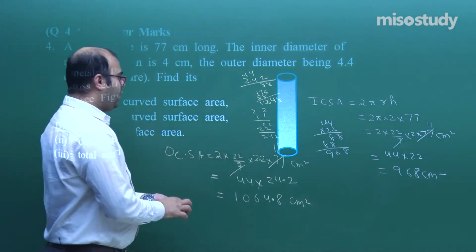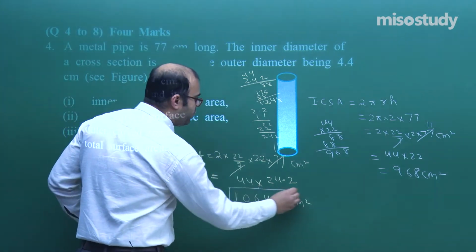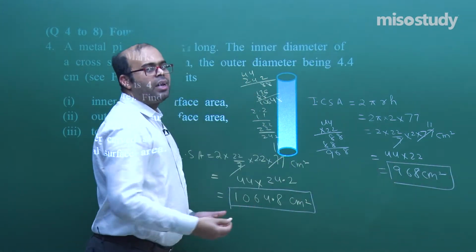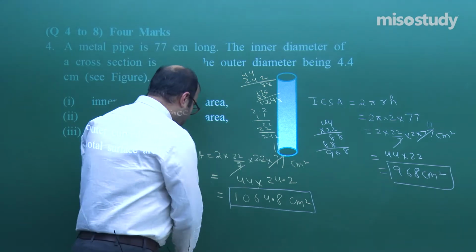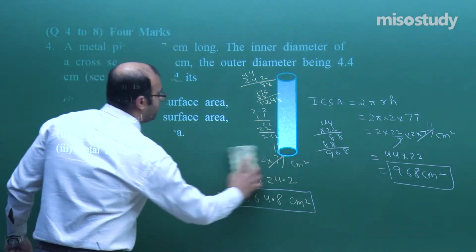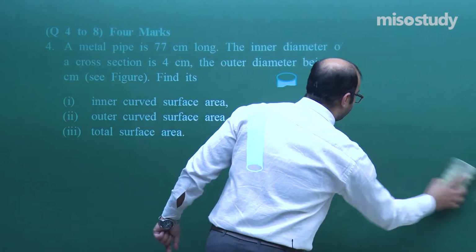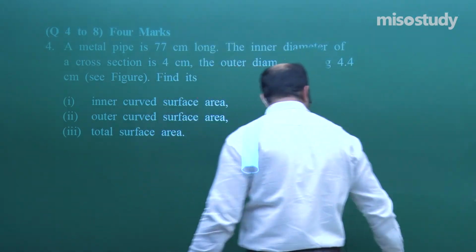So what do we get? This is the outer curved surface area, this is the inner curved surface area. Add them and get the total surface area. So this is how we calculate inner curved surface area and outer curved surface area by taking different radii. One is the inner radius, another is the outer radius.